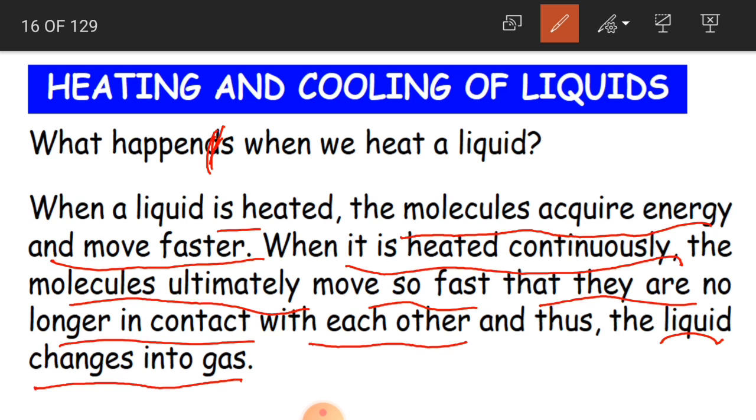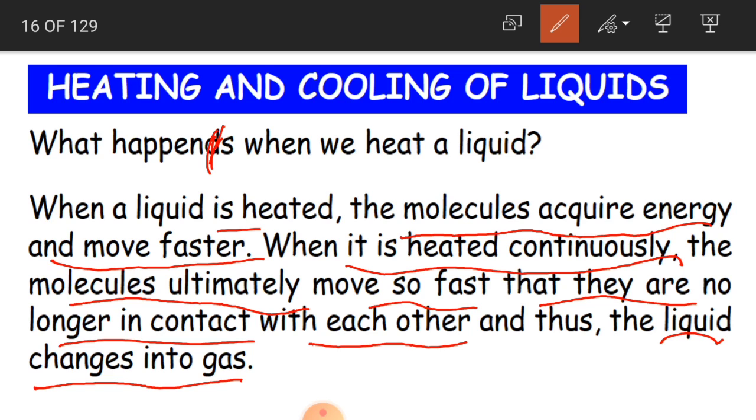So when we are heating the liquid continuously, and it is getting more and more heated, what happens? These molecules are going to move so fast because they get more energy. As we have learned, the molecules get energy when they are heated. When you are heating more, the energy will also be more. And when they get much energy, they are not going to contact each other.